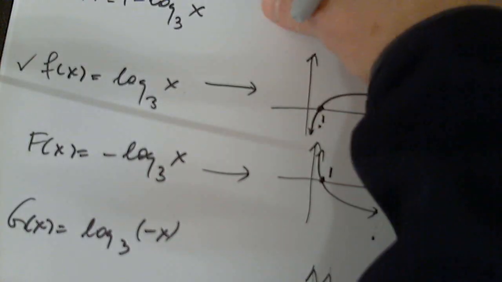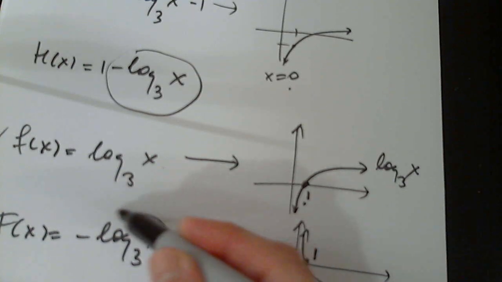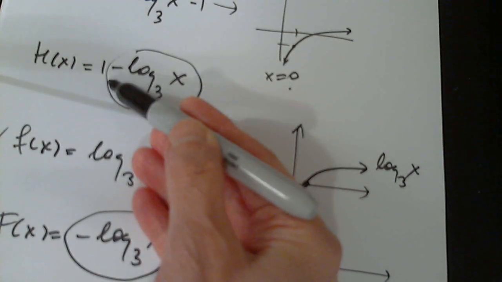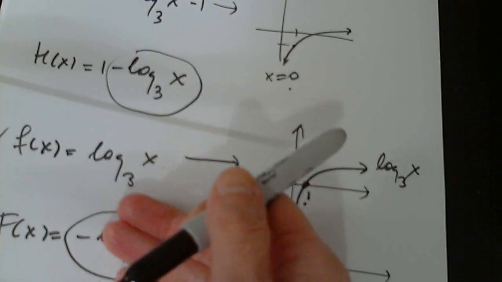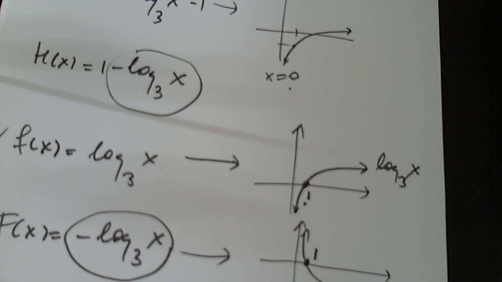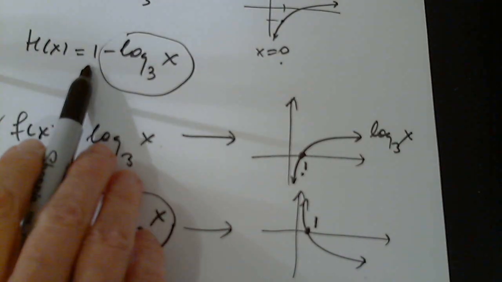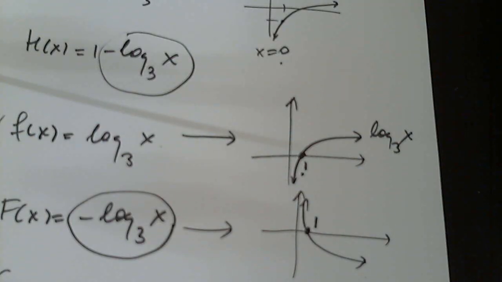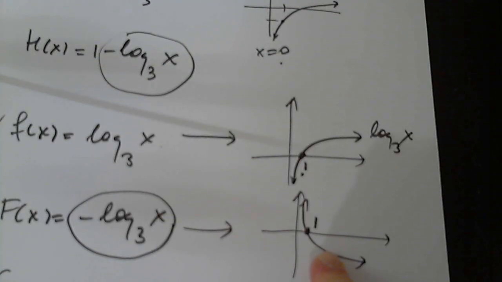So now I'd like to see, this is the same thing, but plus 1. So what does this do to this one? I'm not changing x. Again, does it shift it up by 1?